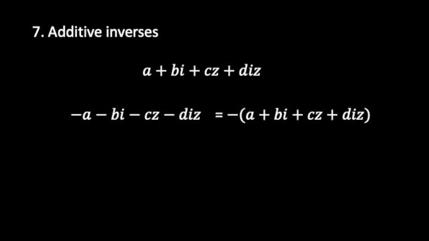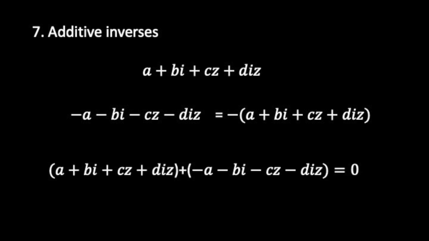This can also be written as minus, between brackets, a plus bi plus cz plus diz. As can be seen here and can easily be checked if you want, the sum of the two numbers is 0, the additive identity element.